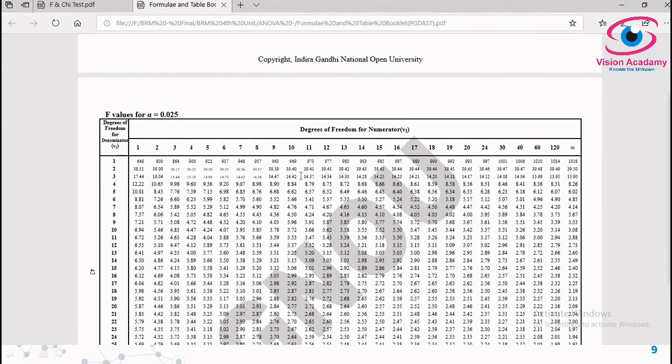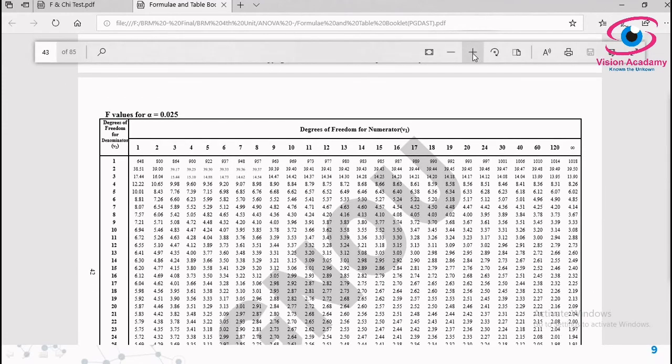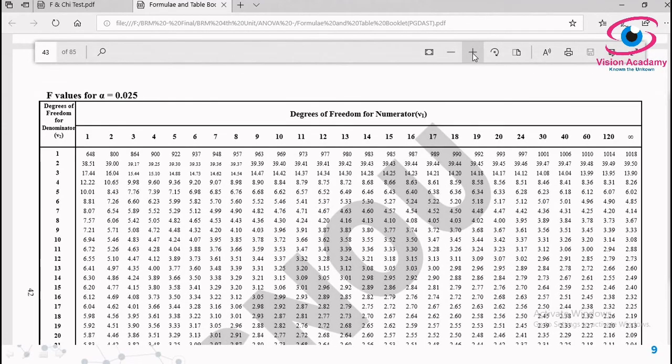So this is a table for looking up degrees of freedom. You may see that there are different tables. Firstly I will let you know how to read this table. My level of significance was 5%, and I have divided alpha by 2, so my level of significance is 0.025.